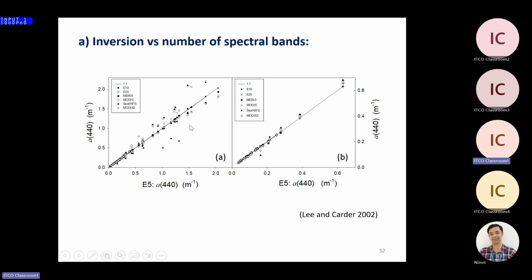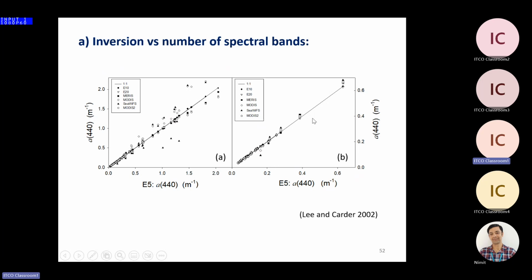So as you can see, for a wide range, all the way from 0.0-something, which is basically blue water, to really turbid coastal water, with absorption at 440 every 5 nanometers versus every 10 or 20 nanometers, it's nearly identical. Nearly identical, even if we look at the oligotrophic ocean up to A440 of 0.3, basically this range.